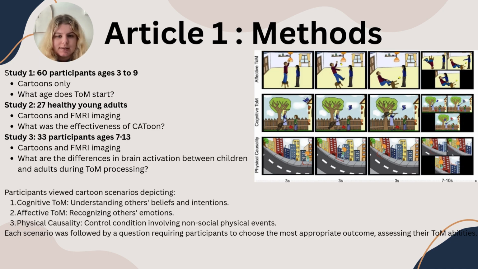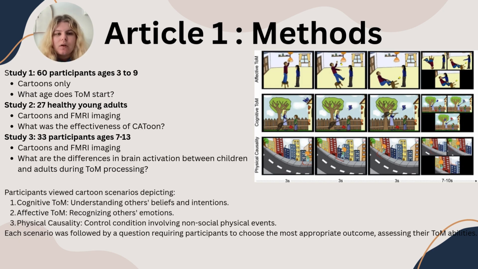They wanted to assess the effectiveness of Katoon to activate different brain regions during theory of mind processing. The third study had 33 participants ages 7 to 13, and this also used the Katoon task and fMRI imaging.